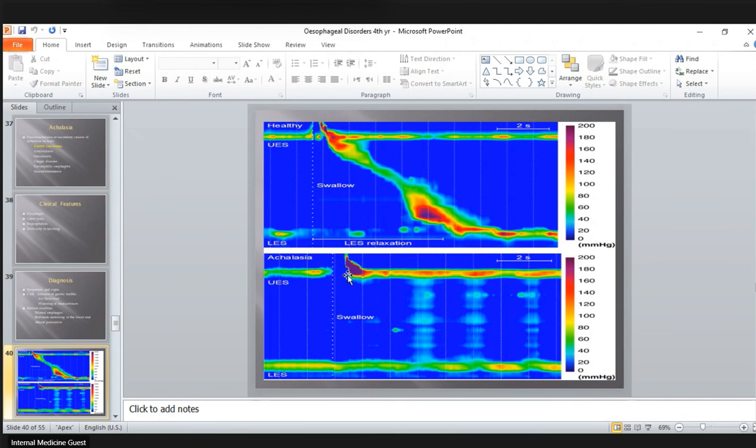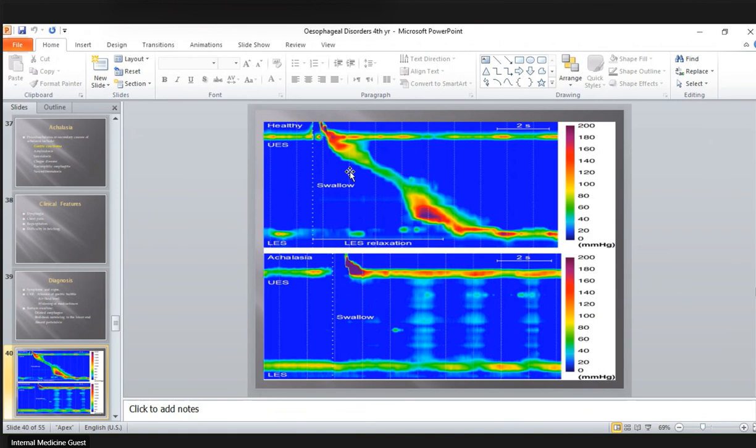Now, there is relaxation of the upper esophageal sphincter because this is a skeletal muscle. The lower esophageal sphincter should relax like this. It does not relax in this diagram. So this is achalasia, and this is normal.